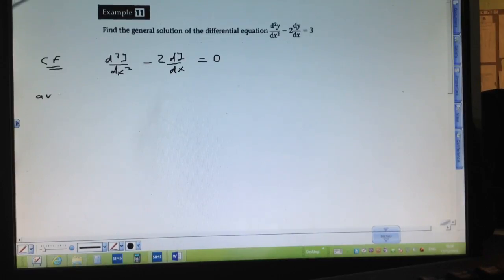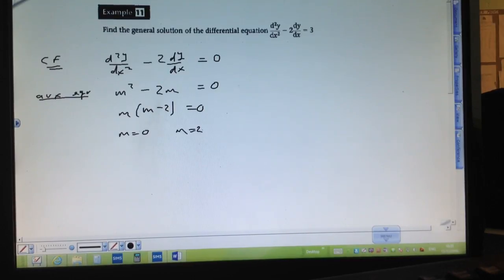Your auxiliary equation is m squared minus 2m equals 0, and therefore m brackets m minus 2 equals 0. m is 0 or m is 2. Two real and different, so you know that y equals a e to the 0x plus b e to the 2x.